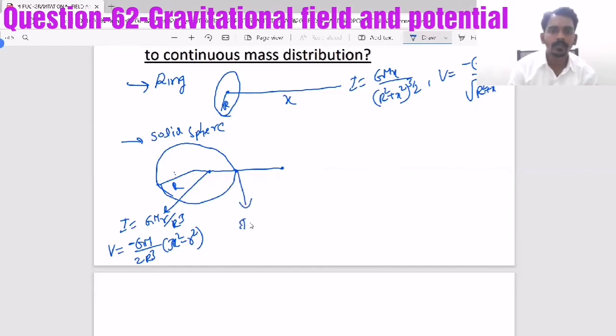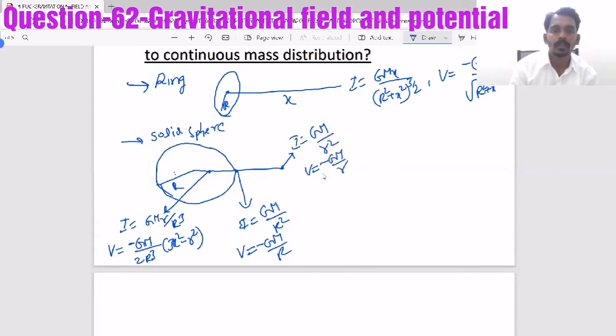Now on the surface, the field is minus GM by R square and potential is minus GM by R. Now at any point outside, the field is GM by r square and V equal to minus GM by r. Here, for inside, r is less than capital R. Here, for outside, r is greater than capital R because it is an outside point.